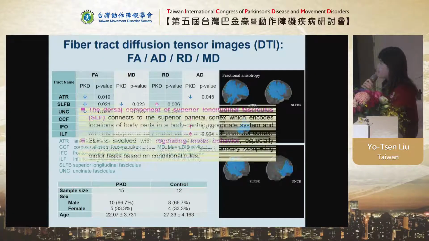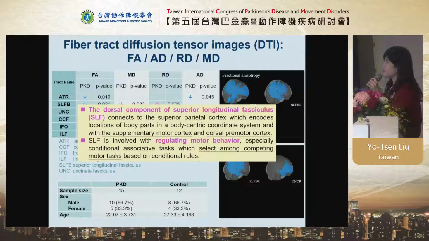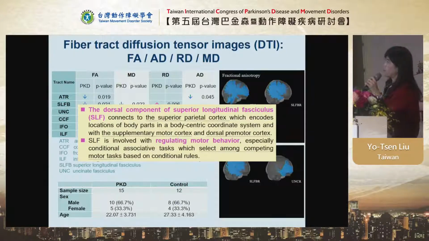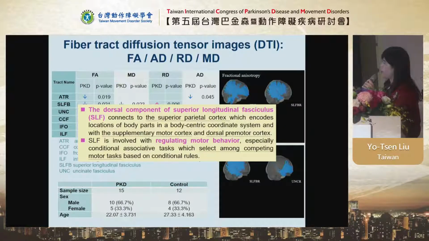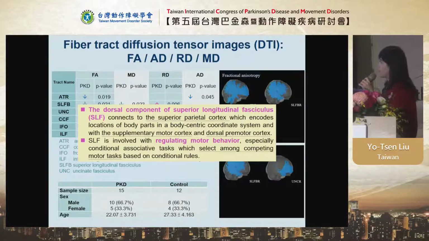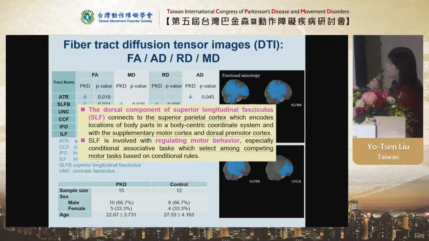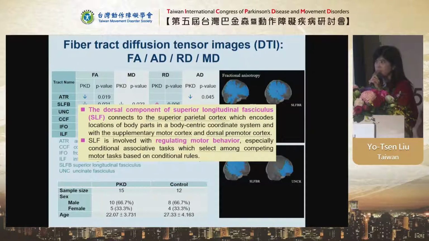One of the important involved tracts is the superior longitudinal fasciculus, the SLF. Its connection to the superior parietal cortex is actually where the somatosensory cortex is located. So it constructs the body mapping for us.